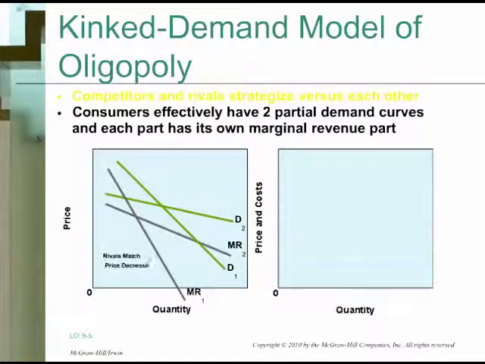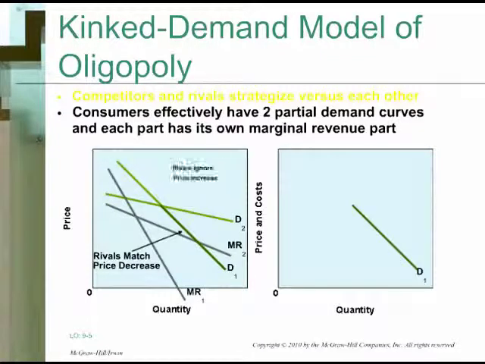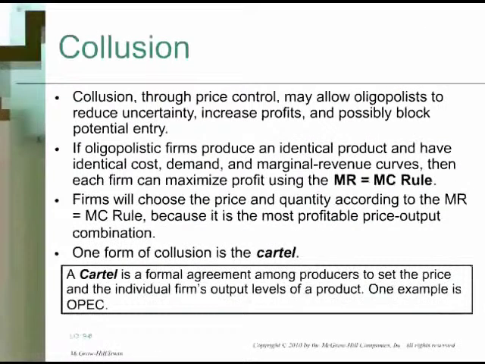As a result, consumers effectively have two partial demand curves, and each part has its own marginal revenue part. Profits will be maximized in the kink if the marginal cost curve intersects the marginal revenue curve anywhere in the gap. Collusion, through price control, may allow oligopolists to reduce uncertainty, increase profits, and possibly block potential entry.